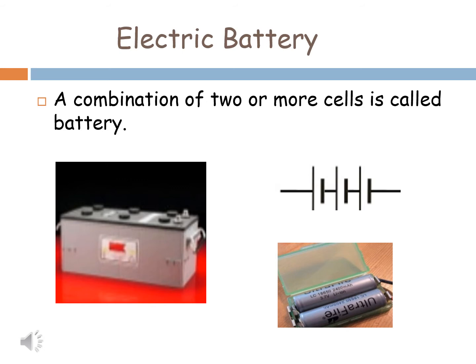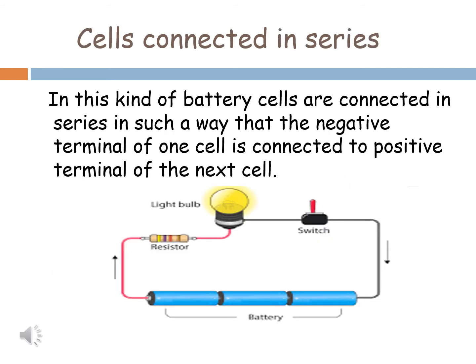Now next is electric battery. An electric battery is a combination of two or more cells. When we combine two or more cells, it forms a battery, and in a battery, electric cells can be connected in series as well as in parallel. Now first let us discuss cells connected in series.